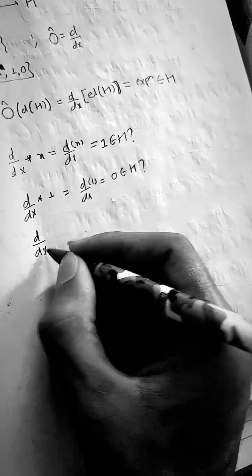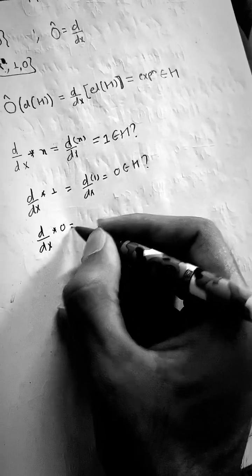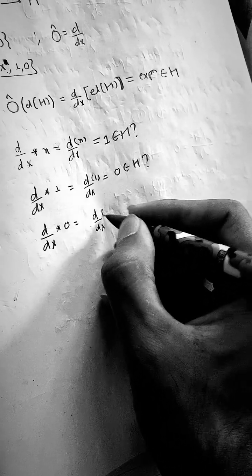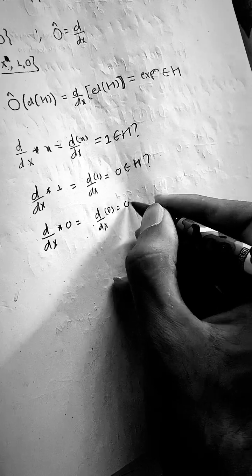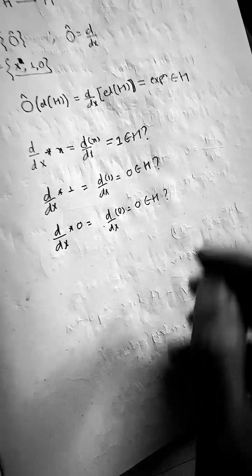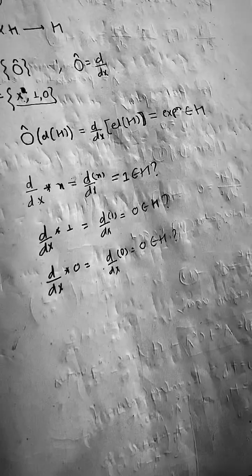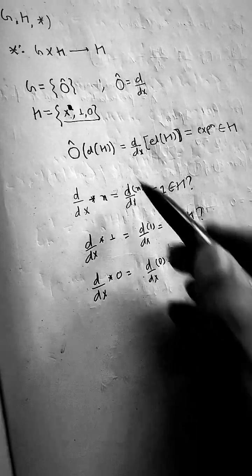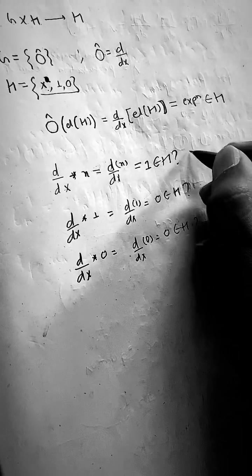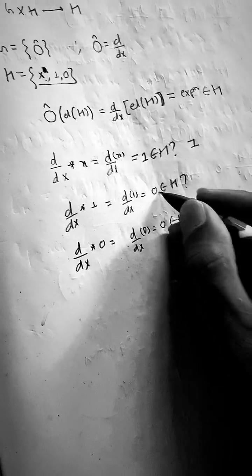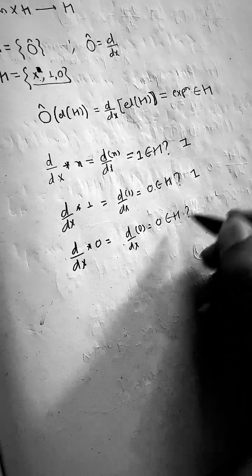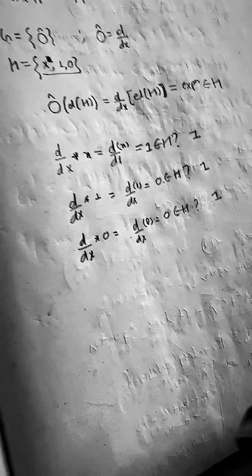Same operation, dy dx is going to act on 0, and the answer is 0 again. We define it this way. So 0 belongs to H? Of course yes. 1 belongs to H? Yes, true. 0 belongs to H? Of course, true.